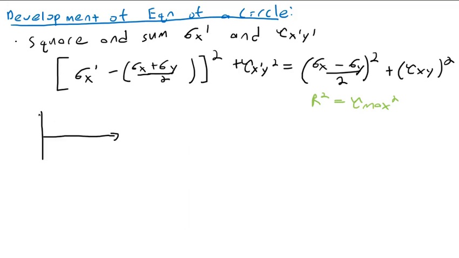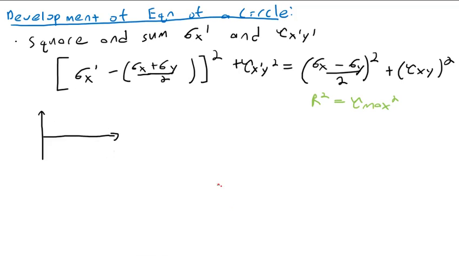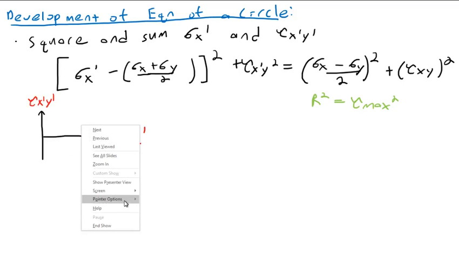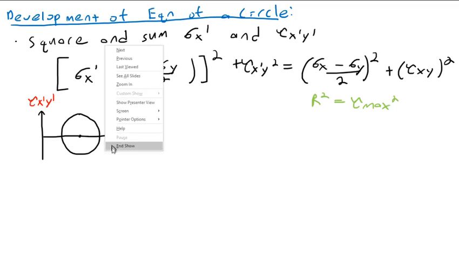So on this axis we're going to have sigma x prime, and on this axis tau x prime y prime. And along this we're going to have a circle C of some sort, and the center is going to be along the sigma x prime axis.